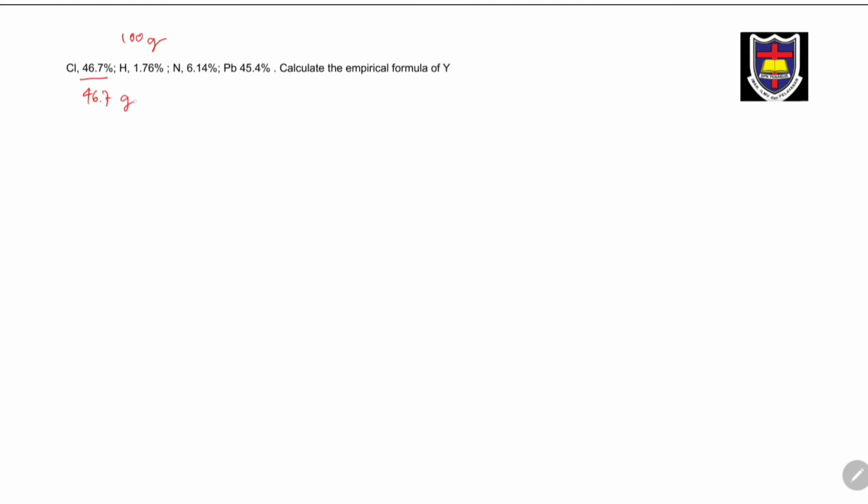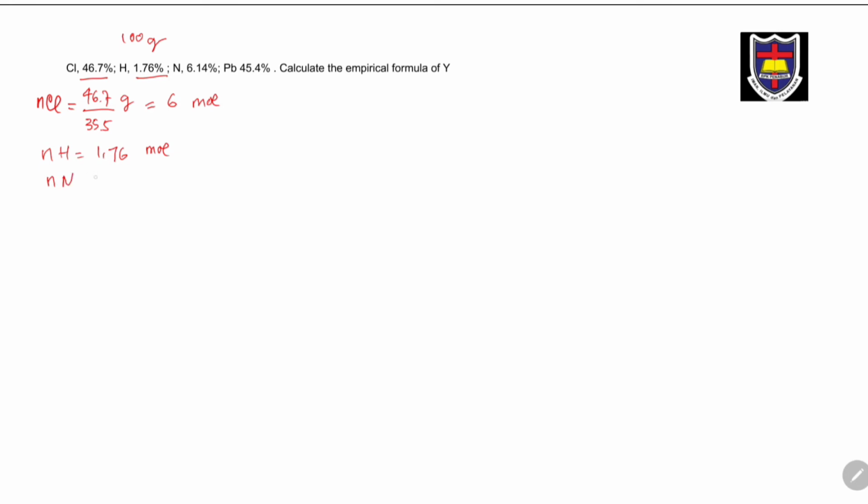46.7 grams of Cl. Then we find the number of mole of Cl: divided by the Ar, 35.5, that is 1.3. For H, the Ar is 1, so the mole is the same as the percentage, 8 mole.